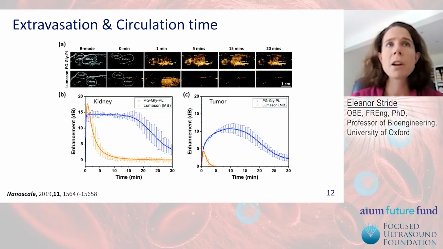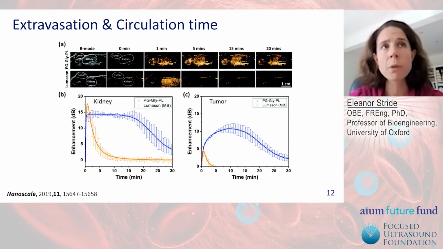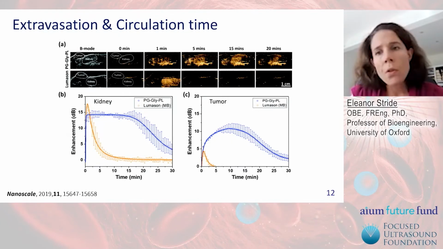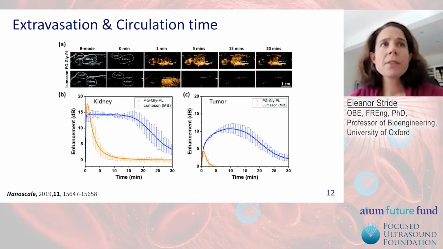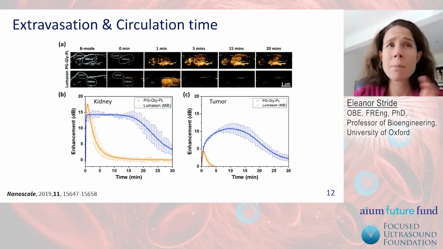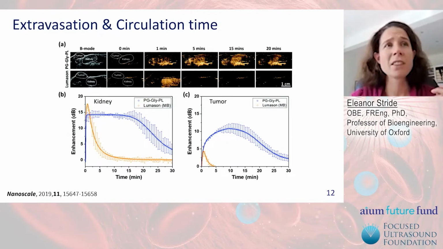These plots are comparing the circulation times for a micro and a nanobubble formulation, indicating that the nanobubbles persist for a lot longer. One thing to be wary of, though, is that in many of these studies, the concentration of nanobubbles is significantly higher, and as we've just heard in the previous talk, matching gas volume fraction is extremely important. It's also very difficult to be certain in vivo that bubbles remain in the sub-micrometer size range.